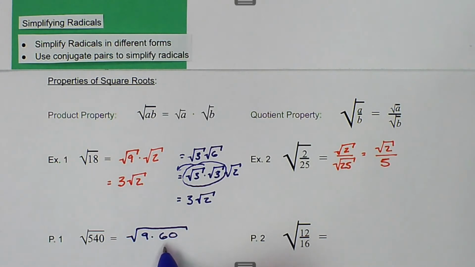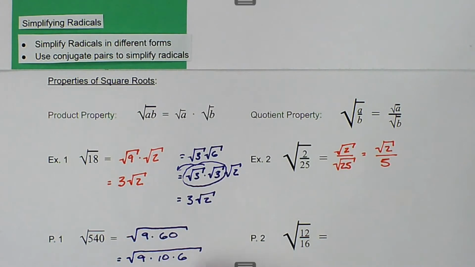And I know that 60 can be broken down to 10 times 6. And I can break this down further. 10 and 6 can both be broken down. And actually 9 can be broken down as well.